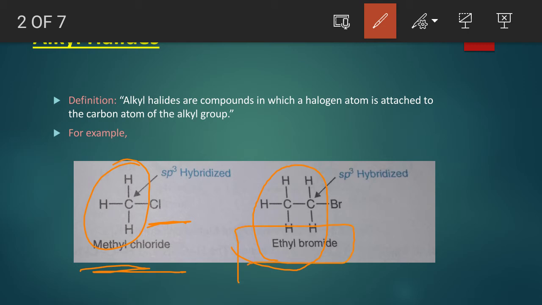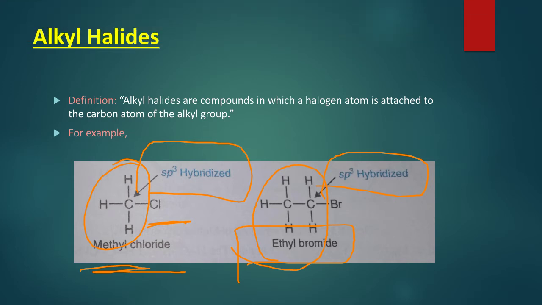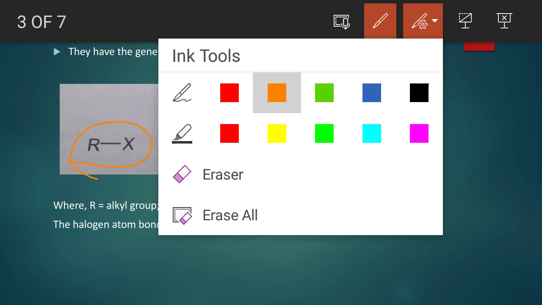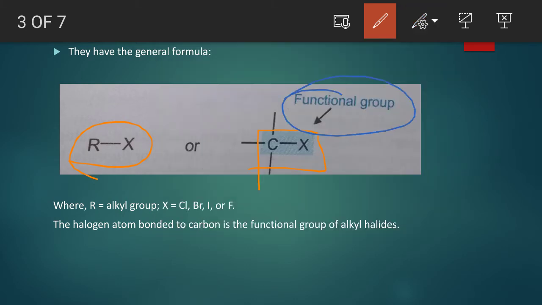One thing is, in alkyl halides the carbon atom attached to the halogen atom is an sp3 hybridized carbon atom. Here RX is the general formula of the alkyl halide, and the bond between carbon and halogen, that is the C-X bond, is the functional group of the alkyl halides.